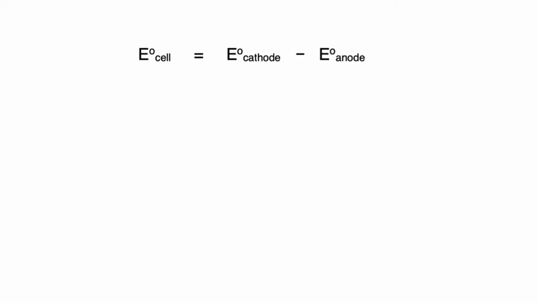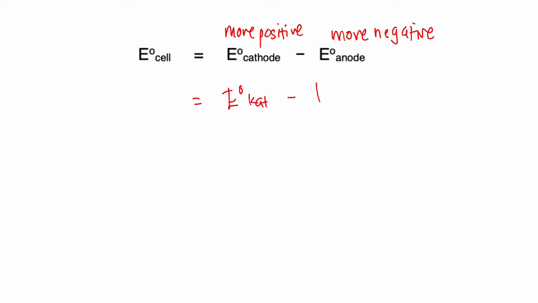Yes, of course, previously I told you cathode should be more positive and anode should be more negative. Okay, there's another way for you, all right? Usually I will tell my students E naught cathode minus E naught anode.